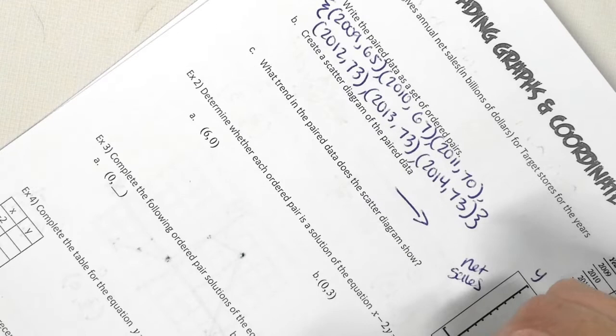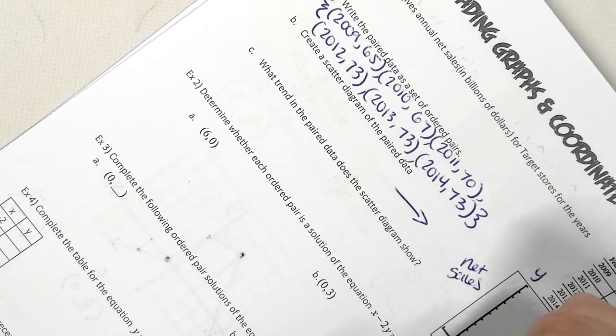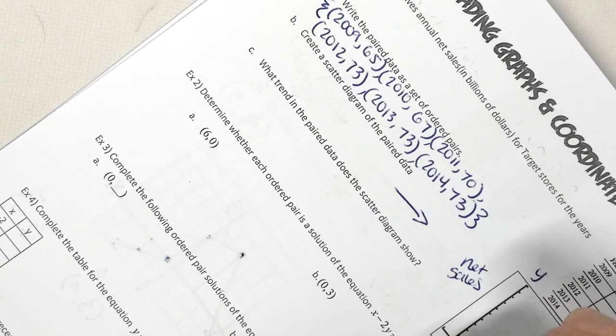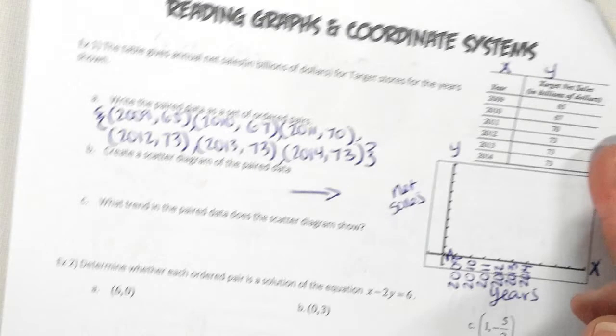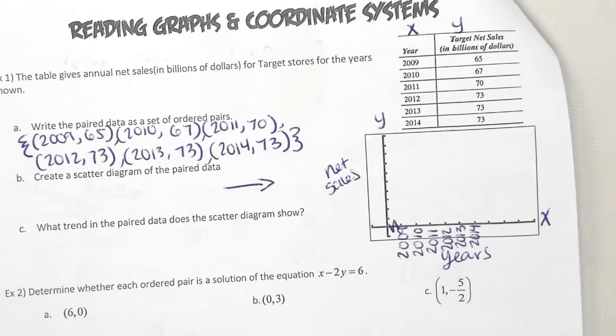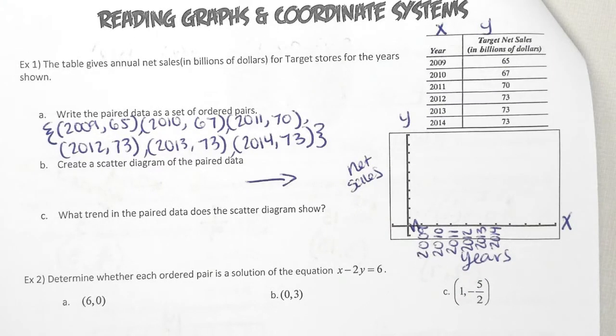So I have 2009, 2010, 2011, 2012, 2013, 2014, and that's as far as my data goes. Now my data also goes from 65 to 73.